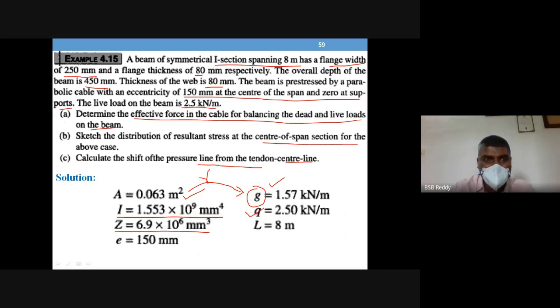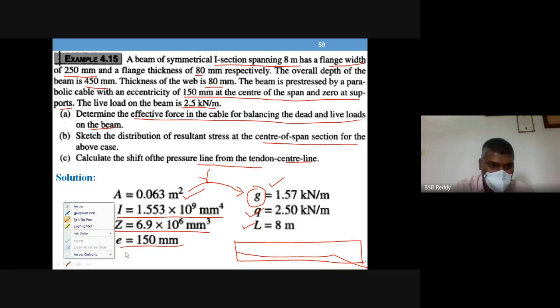Q is given to you already, live load 2.5 and the span is 8 meters. Eccentricity of the cable is 150 at the center of the span. It is all parabolic. So in a span of 8 meters, it is parabolic, and at both the supports it shall have 0 eccentricity.